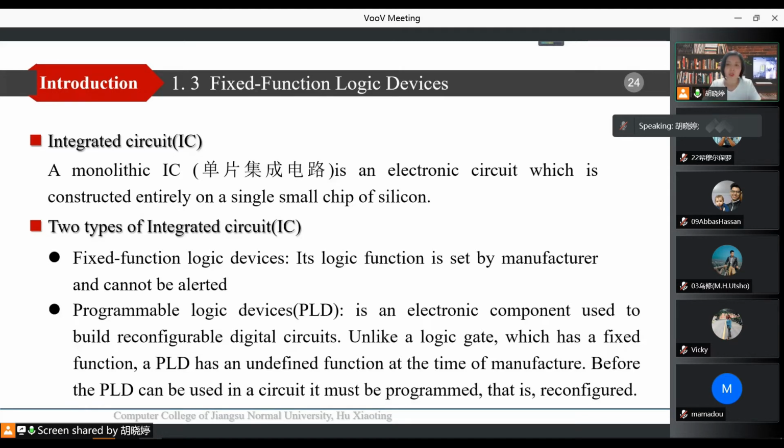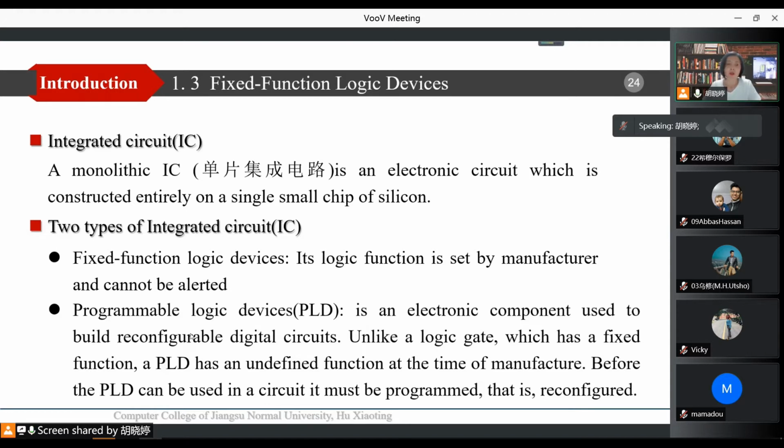When you take that PLD, you can change its function. You can use some software to program it, and then you can get a different function using the PLD. That's why we call it a programmable logic device.